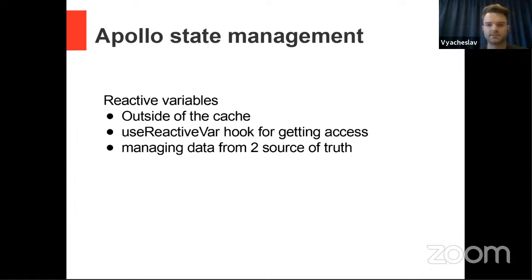Such variables are stored outside of Apollo cache. You can use the reactive var hook provided by Apollo for getting access to the local values. As a possible drawback, you will have to deal with several sources of truth of your application state: one is from the Apollo cache, and the second one is reactive variables, which may be challenging.